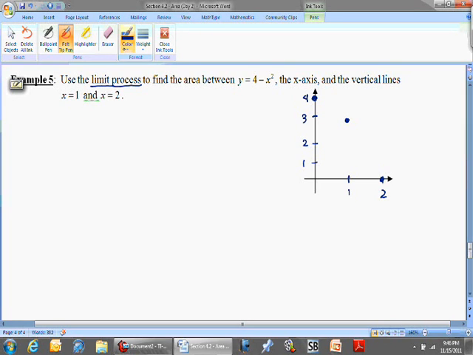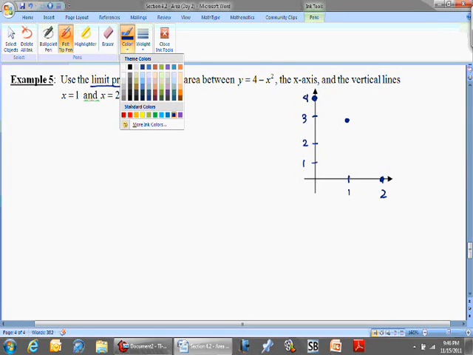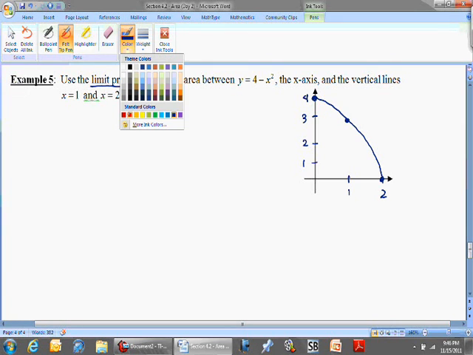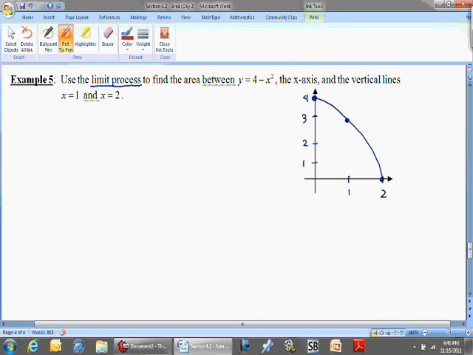If I were to switch colors here to sketch this parabola or portion of this parabola, perhaps it would look a little something like this. I didn't do a good job of switching colors there. Then if I were to sketch in the left boundary x equals 1, I pretty much have my enclosed region.